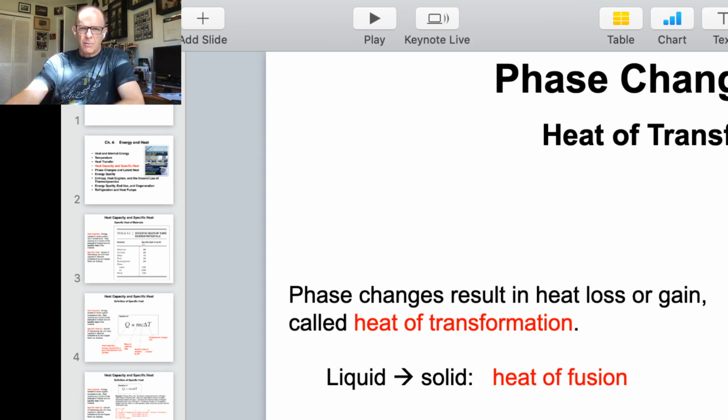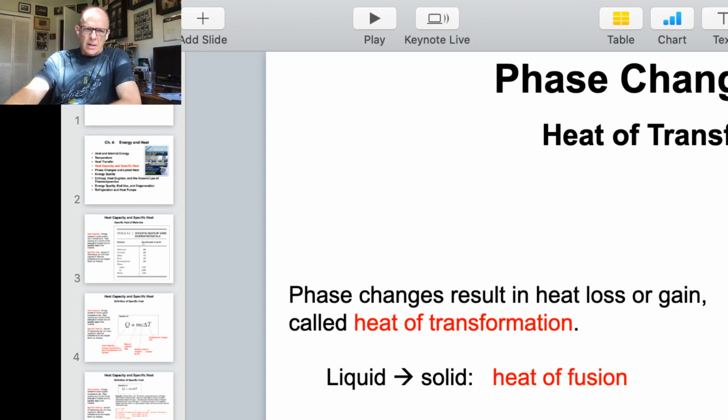The figure in the upper right here shows the latent heat of transformation for water ice is 0.334 megajoules per kilogram. That means it takes 334,000 joules to melt a kilogram of ice. And when you do that melting, the water will still be at 0 degrees Celsius. There's no temperature change during that phase change.